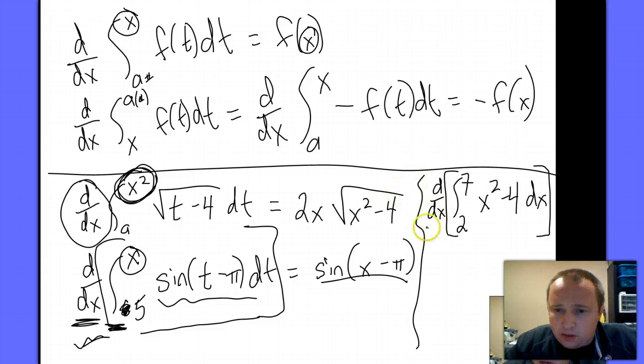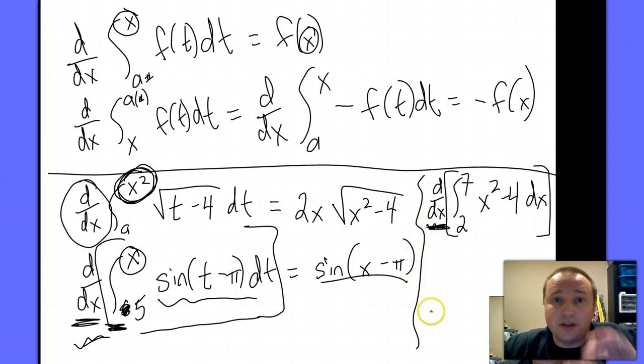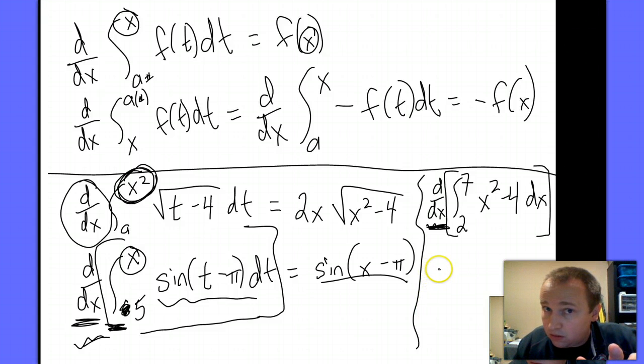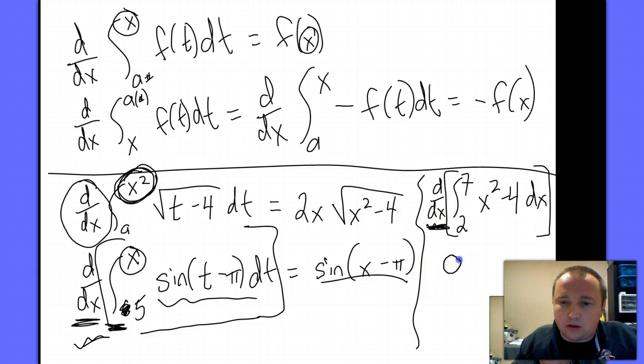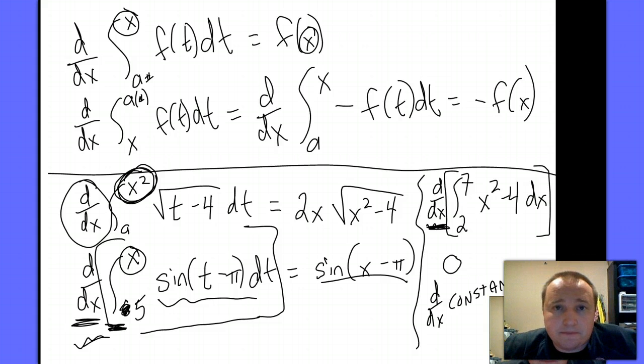Well, what happens when you then take the derivative of a constant, of a number? What do you get? Wait for it. Did I hear you say it? Good job. You get 0. When you take the derivative of a constant, you get 0, because the slope of a constant line, a flat line, is 0.